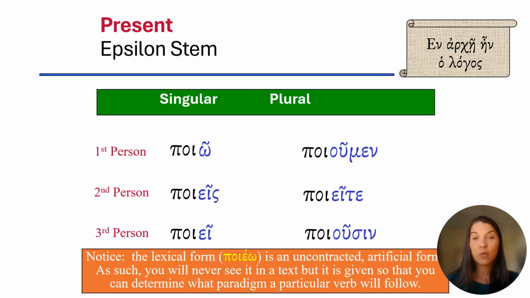Poio is actually your first person singular. So poieo is an uncontracted artificial form. You'll never see that in the text, but it's given so that you can understand the paradigm that the word follows. So here we have poio, poieis, poiei, poioumen, poieite, and poiousin.